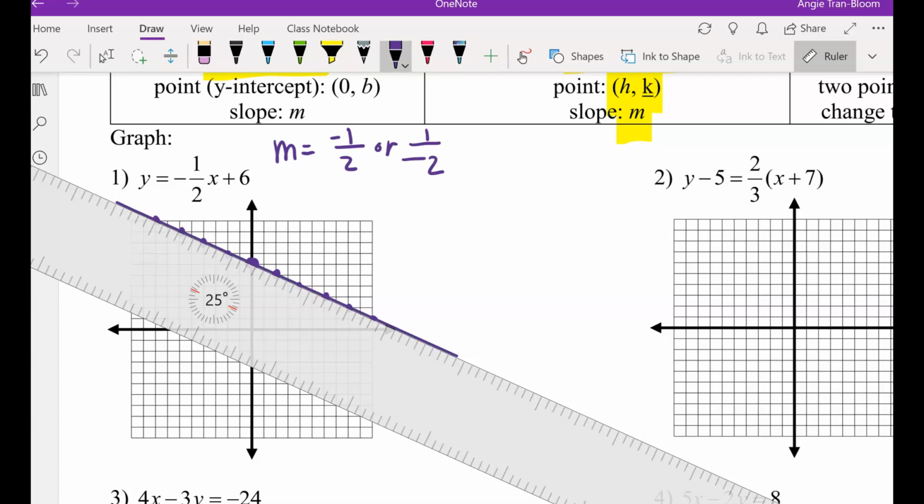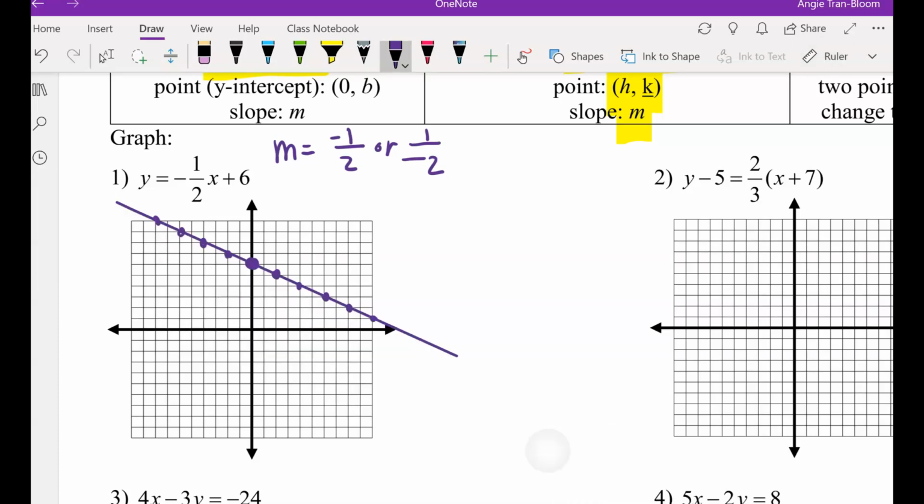Do we need arrows on the ends? Yes, because just because that's all the space we're given doesn't mean the line ended right there. So that's your y equals mx plus b form.